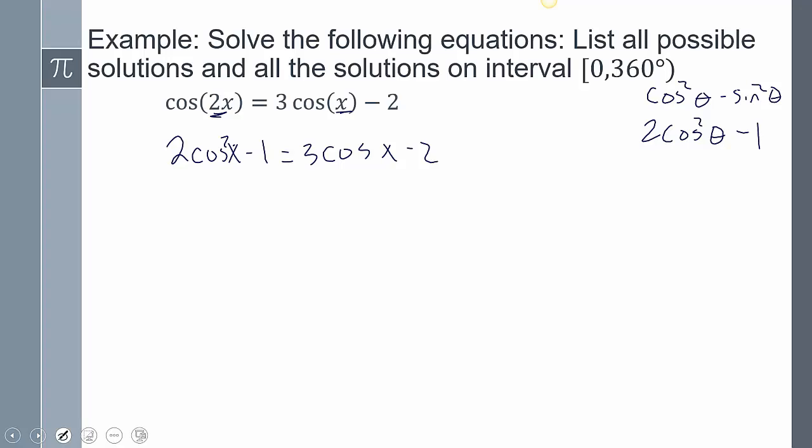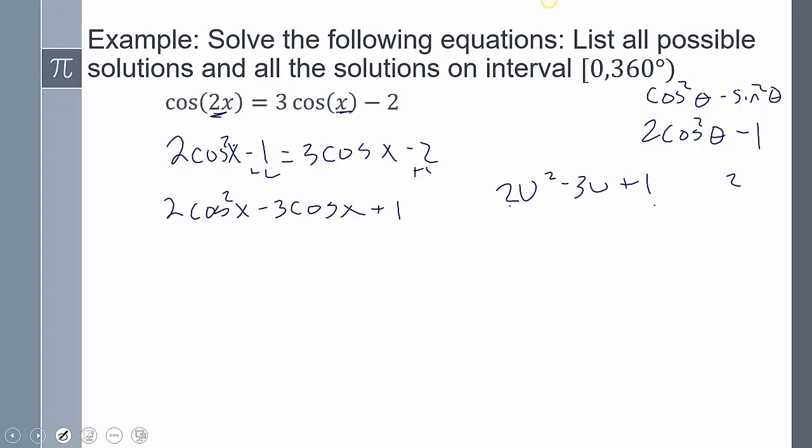Bring everything to one side. So let's add 2, so then it'll be plus 1. So if I were to factor this, let's think of it as 2u squared minus 3u plus 1, just to make it easier for us to visualize.